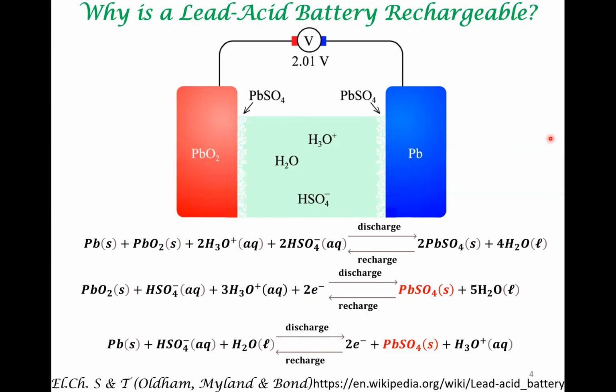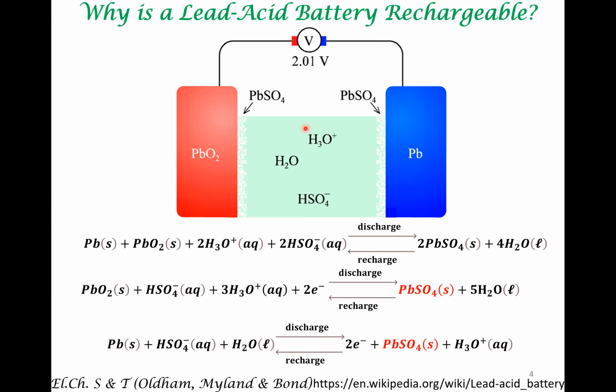So why is the lead acid battery rechargeable? Why is it a secondary battery? This is an intricate feature of nature which has made this possible. Supposing the lead sulfate that was formed was entirely soluble in the electrolyte, it would have been dispersed in the electrolyte.